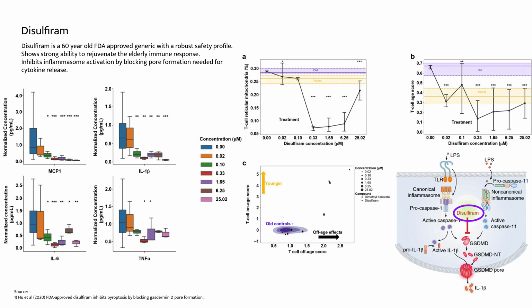One of the top ranking compounds in the screen was disulfiram. Disulfiram is a 60-year-old FDA approved generic with a robust safety profile that was originally approved to treat alcoholism.